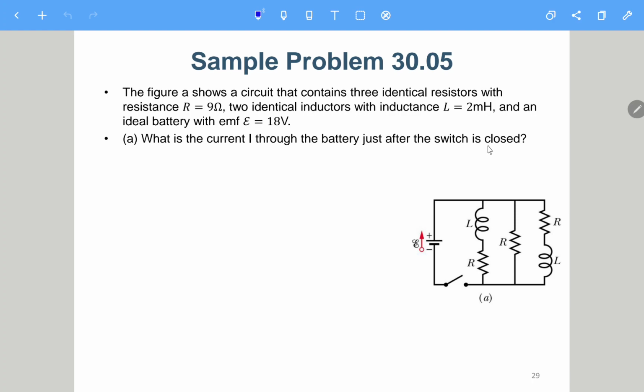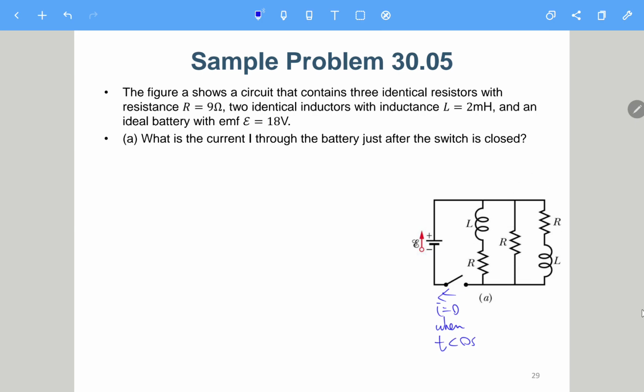Before the switch is closed, because this is open, I is 0 when t is smaller than 0 second. There is no current, no current, no current. So for t smaller than 0, there is no voltage, no current.